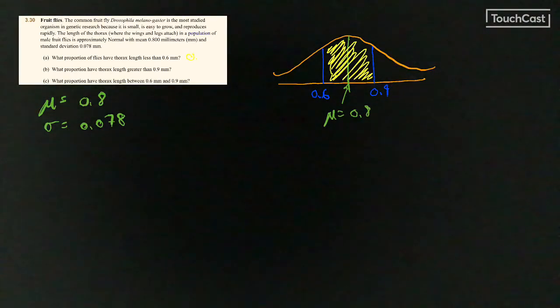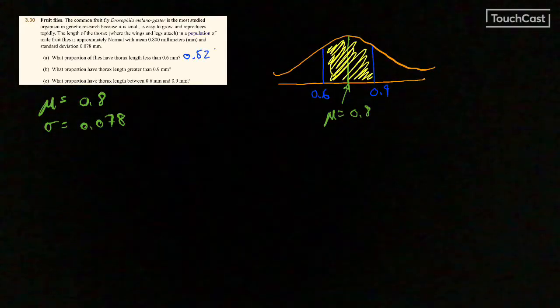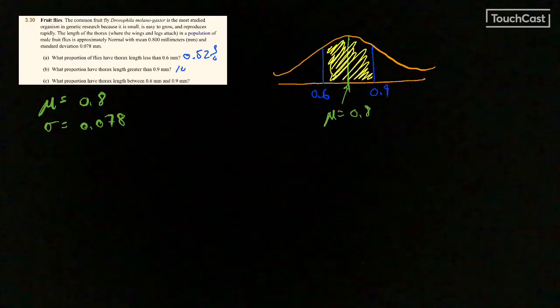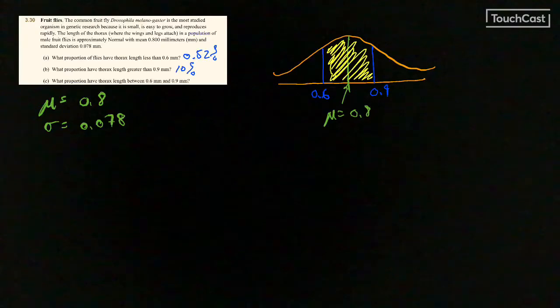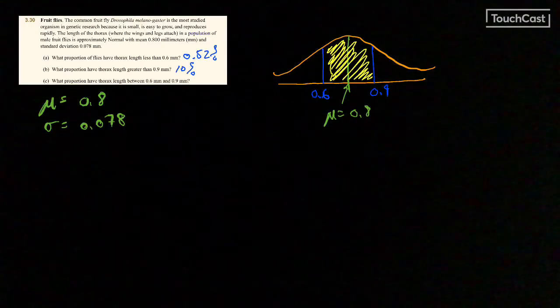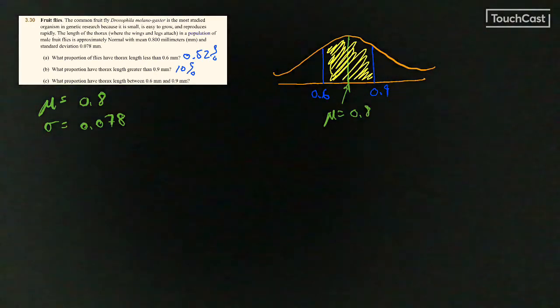Whoops, that's a bad color, sorry. Let me just pick a darker color here. This one was 0.52%, and then this one was 10%, I believe. So when we did that calculation, the 0.52% was for thorax lengths less than 0.6.